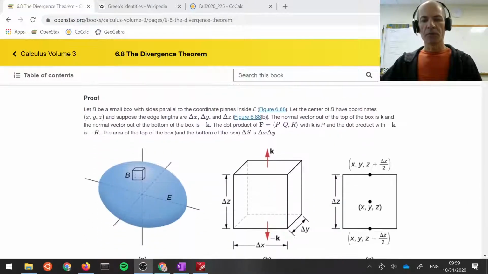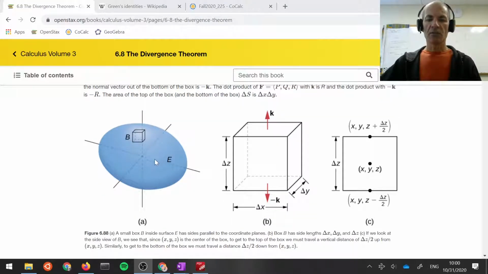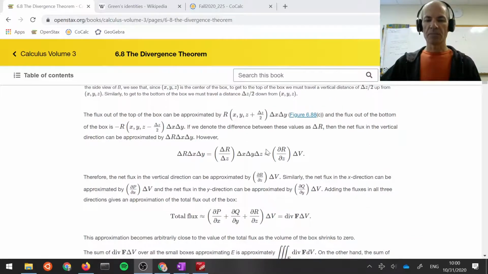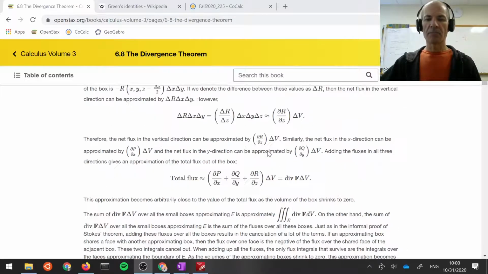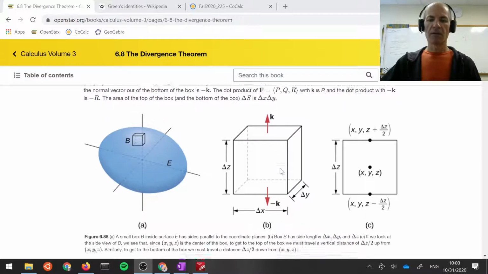There is a proof of this result that essentially relies on exactly the description I just gave you. You take the volume and you chop it up into little boxes, and adjacent boxes, here's a box and here's, say, positive divergence flowing out of the box. Well, there's a box next to it which has positive divergence because F is continuous. And so the stuff that's coming out of the top face of this box exactly cancels the stuff that's coming out of the bottom face of the box above.